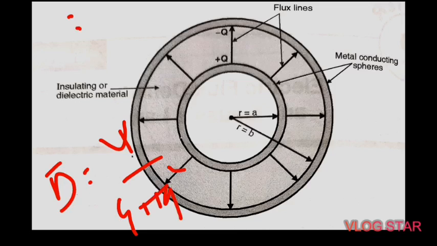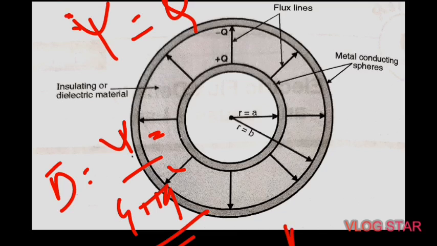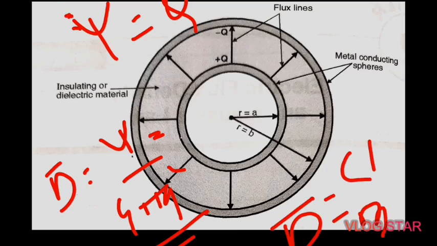Now what is the unit of electric flux density? As psi is equal to Q, the unit of psi is Coulomb, and the area is meter square. So the unit of electric flux density D bar is Coulomb per meter square. It is also called displacement flux density or displacement density.